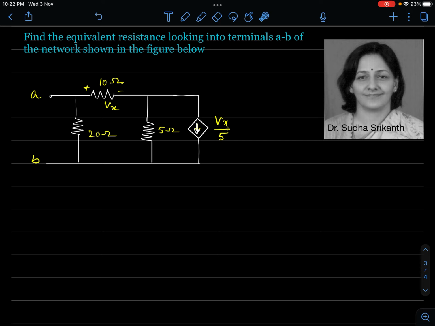So we try to connect the current source and try to find out what is the potential difference or the voltage across that current source. Then we infer that whatever is the voltage across the current source itself is the equivalent resistance. We come to that conclusion. All right, it is a simple analysis.